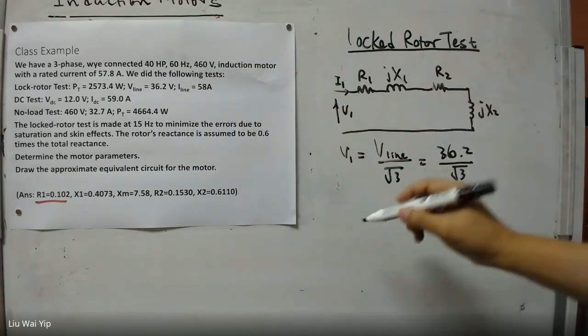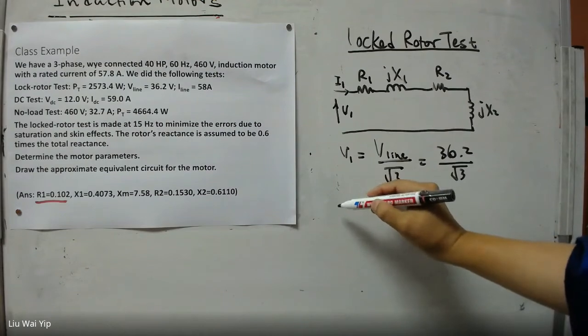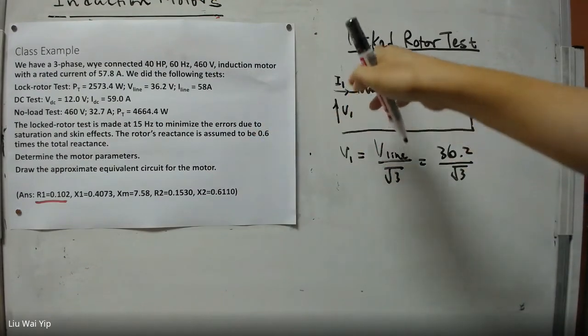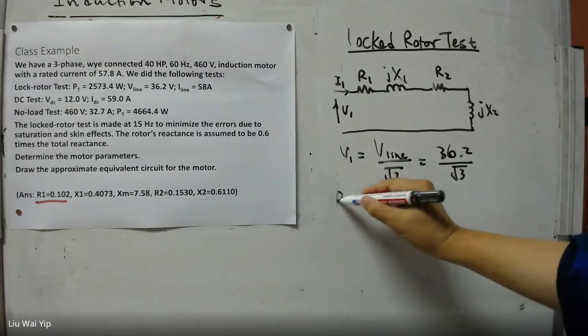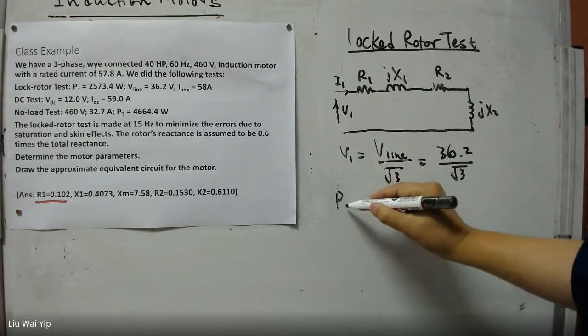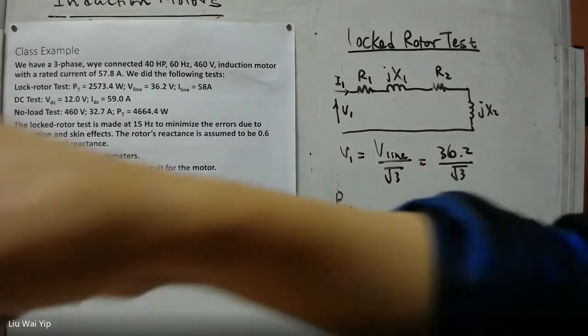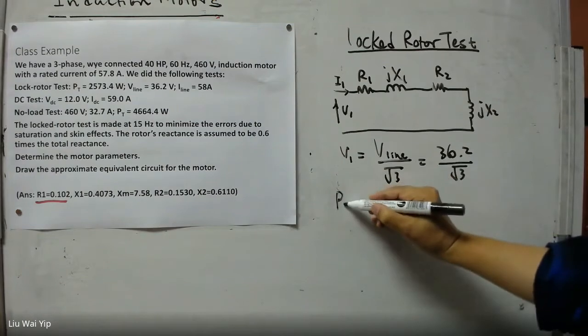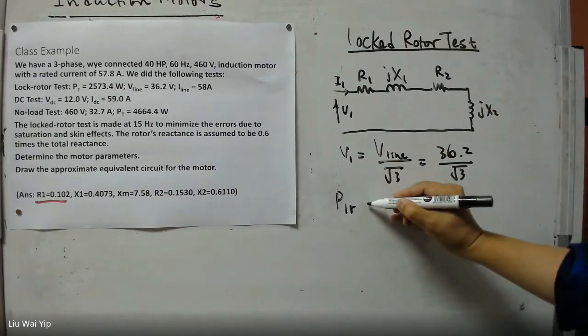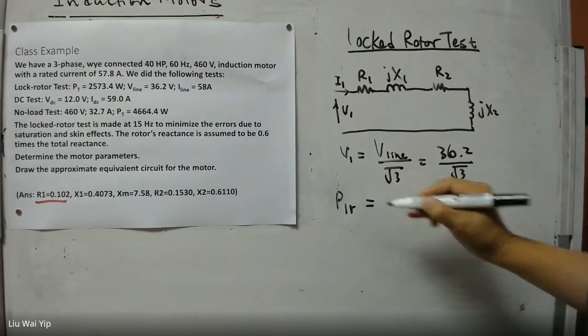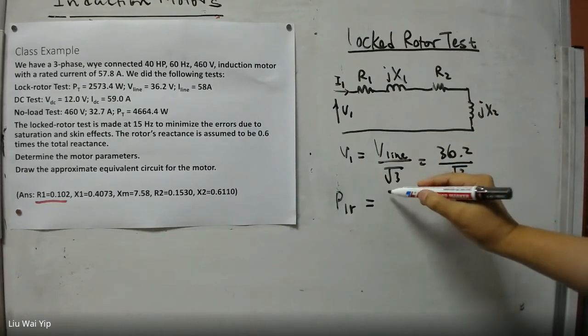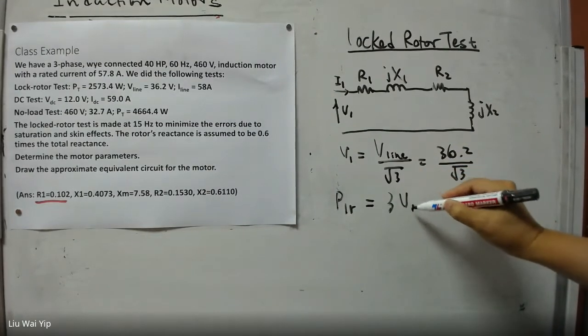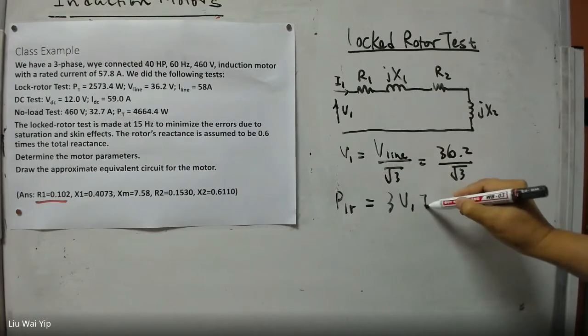So what we can do is, we write down the power. Say this is the locked rotor test, right? P_LR, sorry, yeah, P_LR, and then this one is like the V1, and then I1.